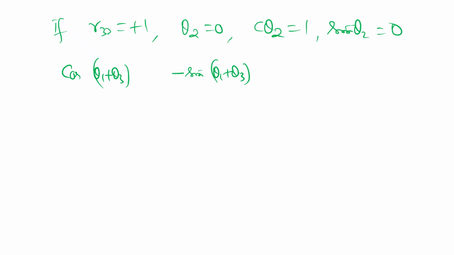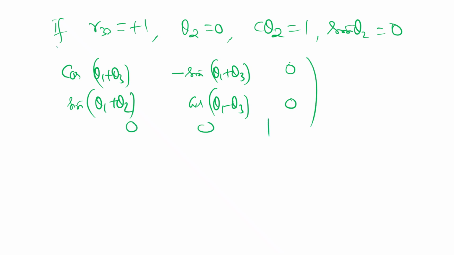This term is already 0. Then if you substitute that one, S1 C3 plus C1 S3 is sine of theta 1 plus theta 3. Then it will be cos of theta 1 minus theta 3. And this term is minus, if you take it outside. This one is 0, this is 0, this is 0, this is 1.